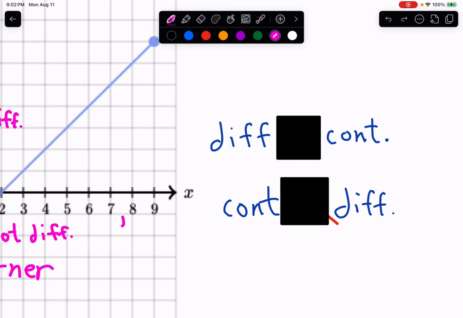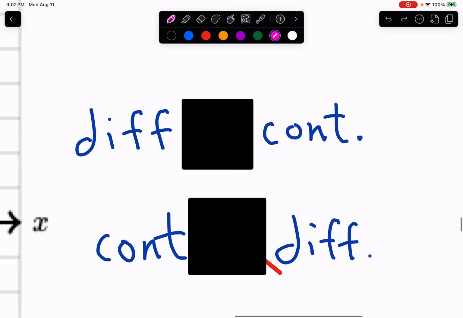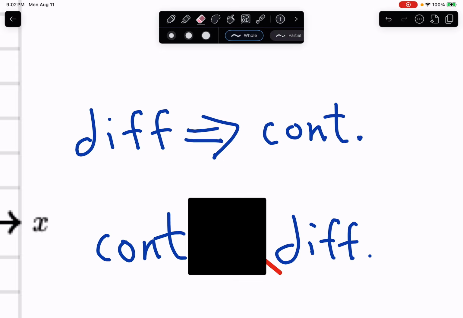Last thing I want to mention before we wrap up, something you probably talked about in Calc A, is this idea that differentiability implies continuity. Meaning if I tell you the derivative at x equals negative 4 exists, then by default you know that the function is continuous at negative 4.